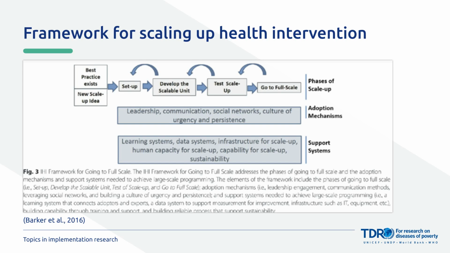Finally, we arrive at the phase of going to full scale. The well-tested evidence-informed intervention is deployed in this phase, supported by the infrastructure and the human resources that have adapted the intervention. This framework also draws attention to factors which influence adoption and should be identified during the setup phase, including leadership, communication, policy, culture of urgency and persistence.